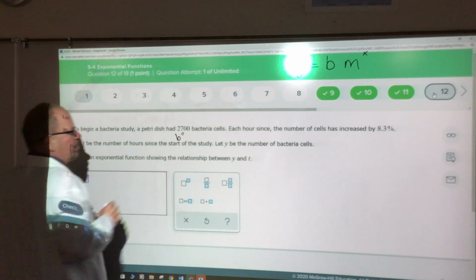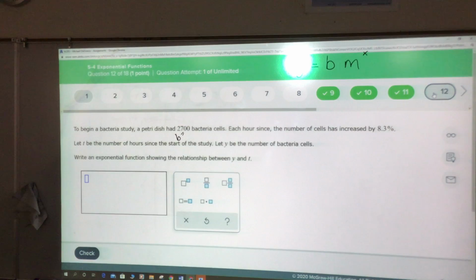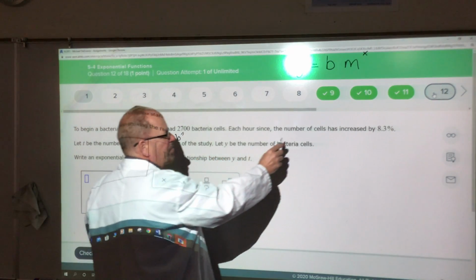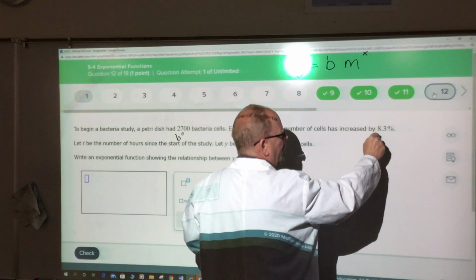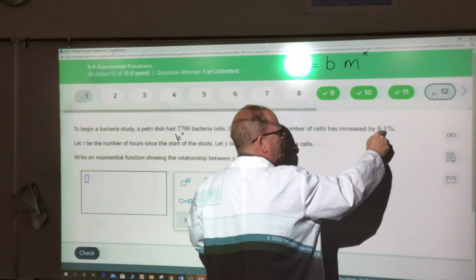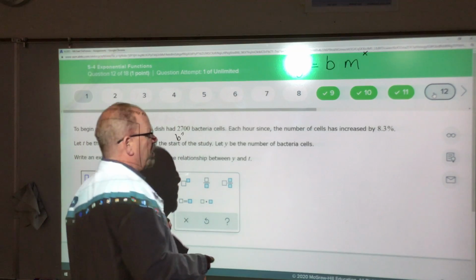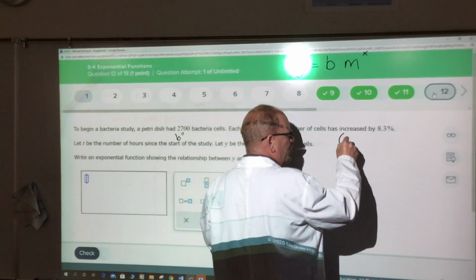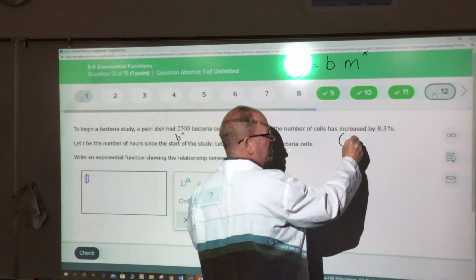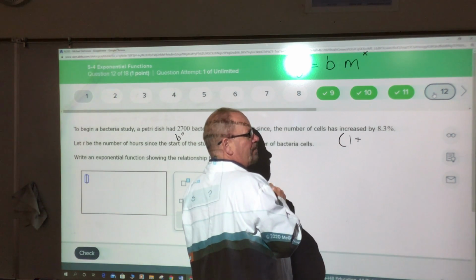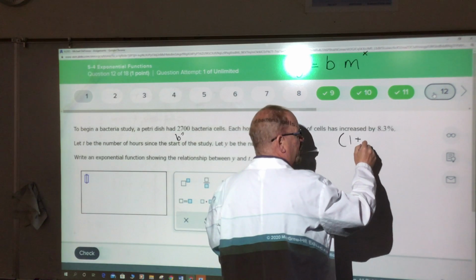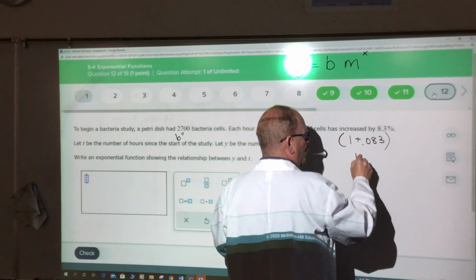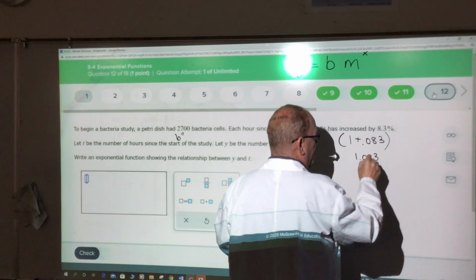We begin at 2700 bacteria cells. Each hour since, the number of cells has increased by 8.3%. So the number that we're looking for, since it's increasing, is 1 plus 0.083, which is 1.083.